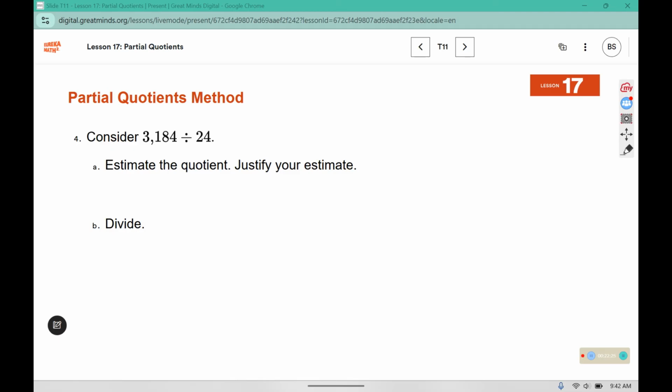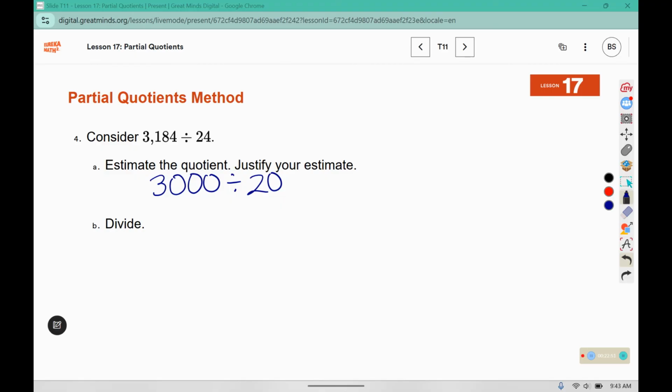For number 4, it says consider 3,184 divided by 24. Estimate the quotient and justify your estimate. So 3,184, that's pretty close to 3,000. And 24 is close to 20.